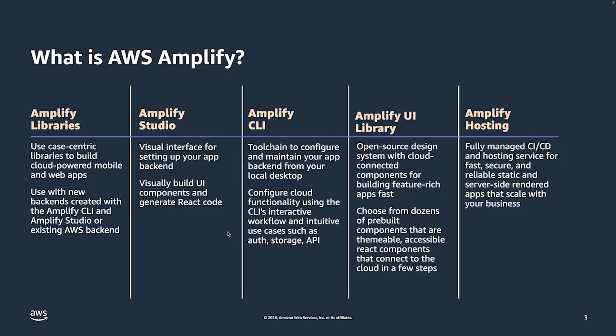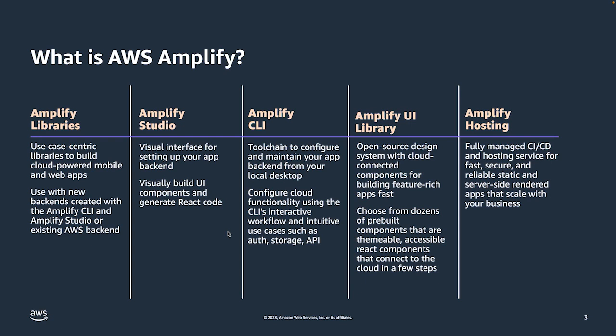So we'll start with Amplify libraries. These are use case specific libraries. We have JavaScript libraries, Flutter, Android, iOS, to build cloud-powered mobile and web applications. And we say use case centric because we mean, you have authentication and you have storage and you have data, but we abstract away the AWS services that you're using under the hood.